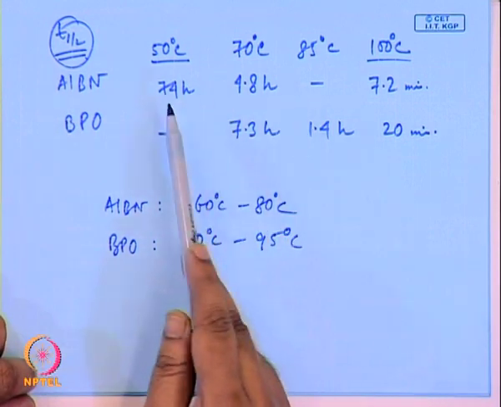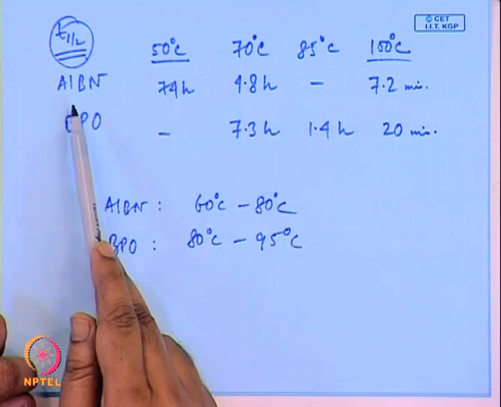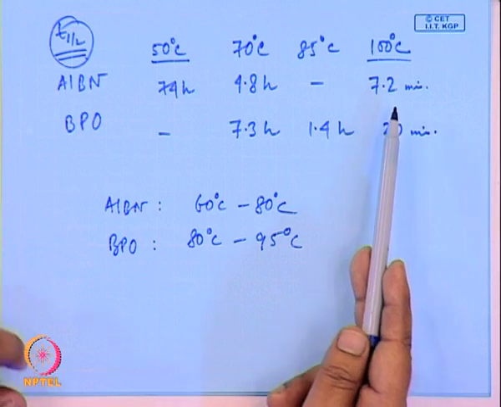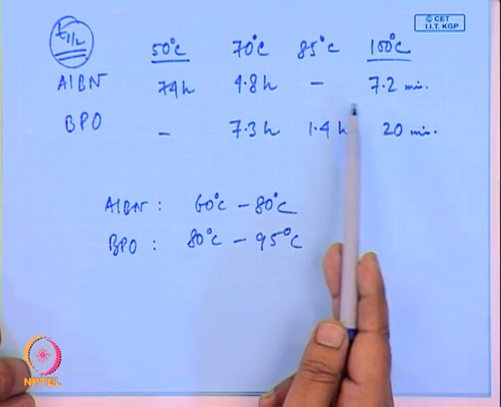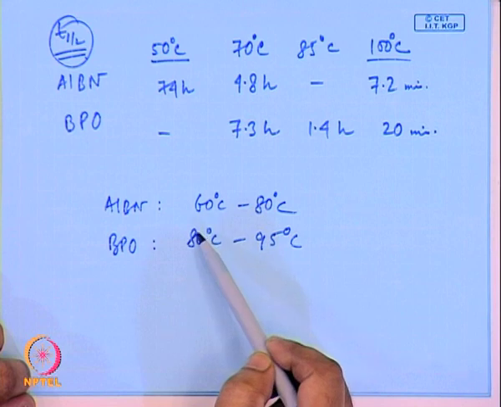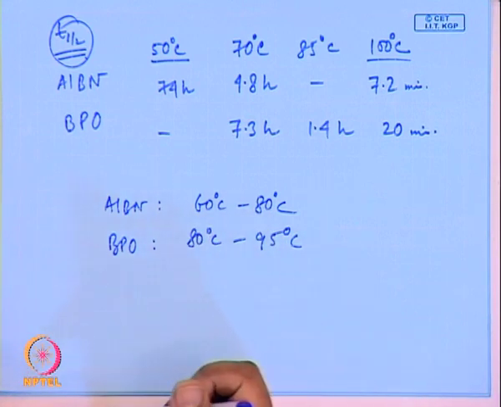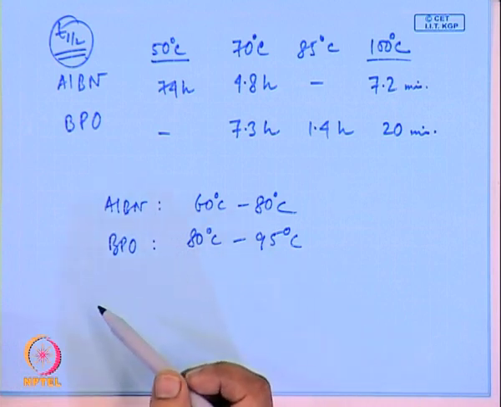You have to choose your temperature accordingly. For example, AIBN at 100 degree is too fast a reaction. So, it is always recommended that you use AIBN and BPO in these ranges to have a moderate reaction rate.